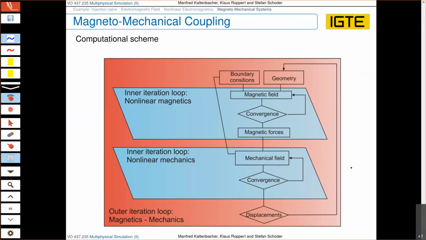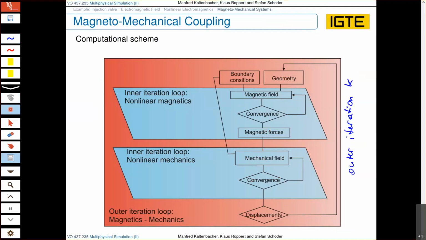So this is the outer iteration between the two physical systems, and we have denoted this with the iteration counter k. So when we have a new mechanical field, we have the new mechanical displacements, we update the geometry or update the computational mesh by this moving mesh technique, compute again the magnetic field, get new magnetic forces, and then go again and compute the mechanical field.